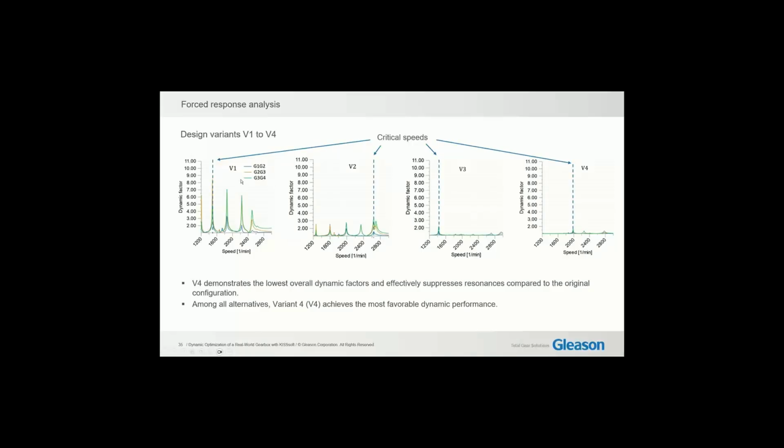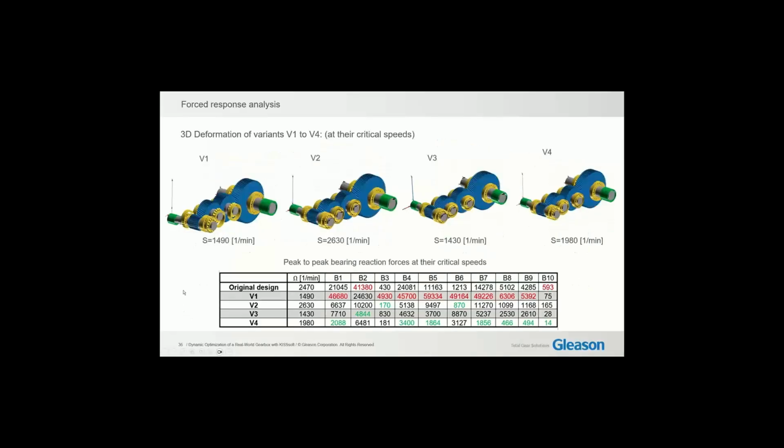Then after calculating the critical speeds, I considered the 3D visualization of the results. And here again, based on the visualization of the movement of different elements, we recognize that the model built based on variant V1 has a very high oscillation. They are shown with a very high scaling factor just to magnify the movement.